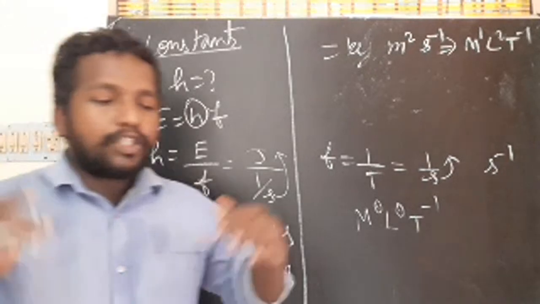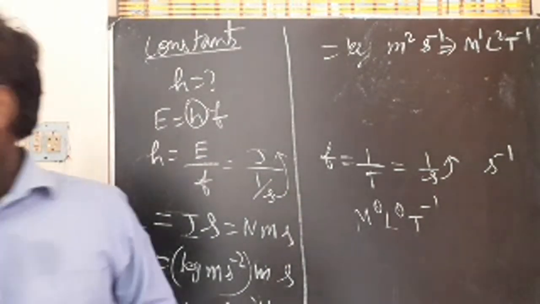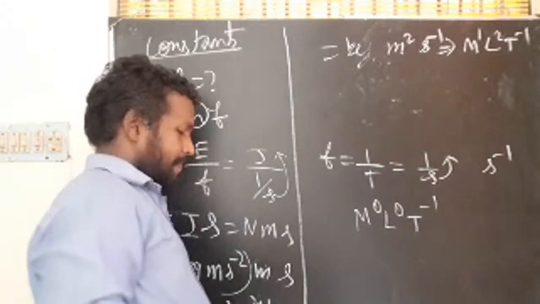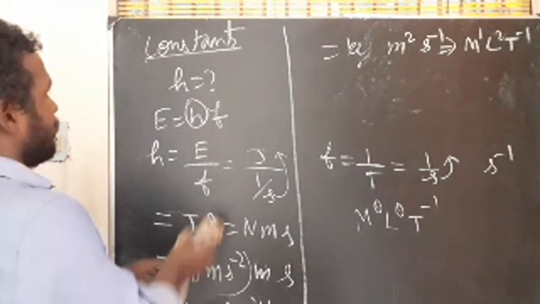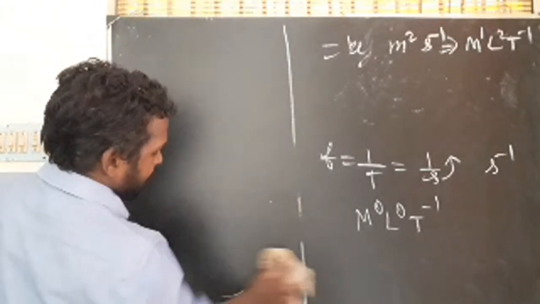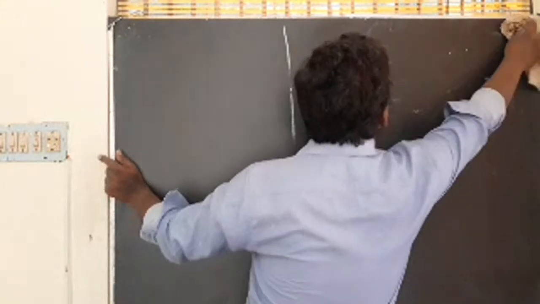The next one, we are going to do the gravitational constant. The universal gravitation constant will be taken as capital G. It will take a little time to understand.